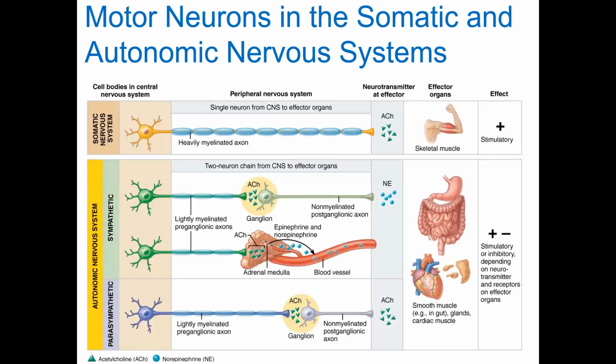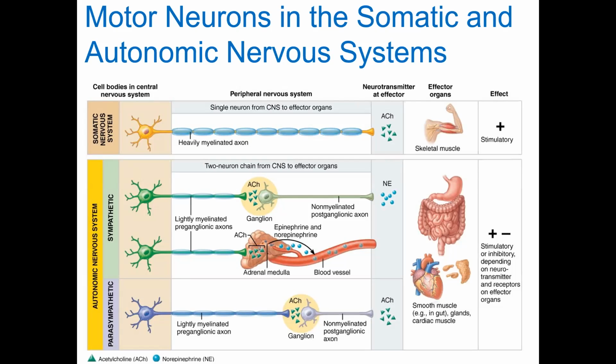Now, this is what the neurons look like. At the top, we have the somatic nervous system. There's our typical skeletal muscle neuron, with its long, heavily myelinated axon. One neuron releasing acetylcholine excites the skeletal muscle, we get a contraction. However, below here, we have the autonomic side.